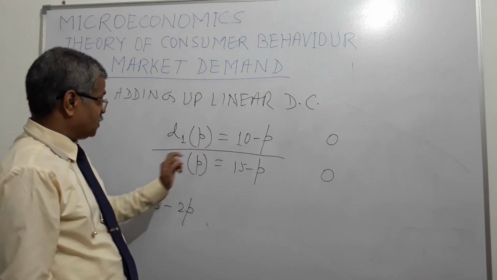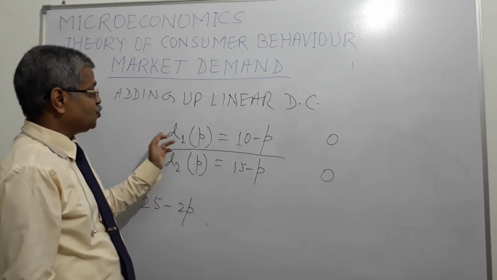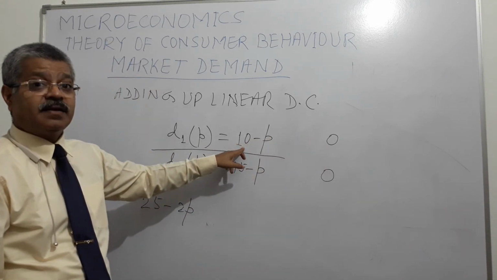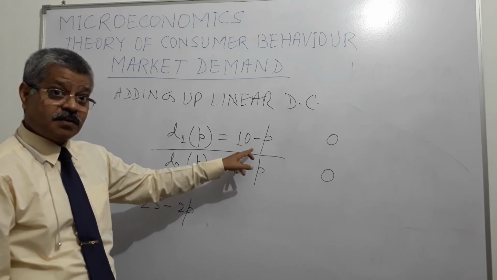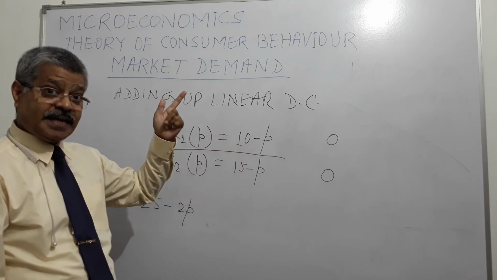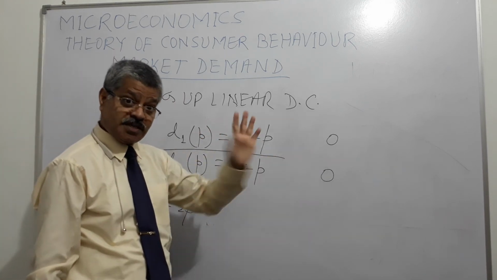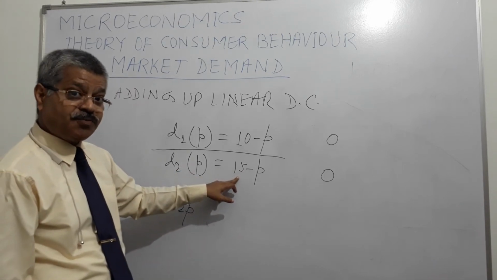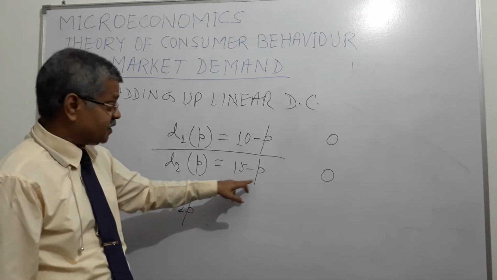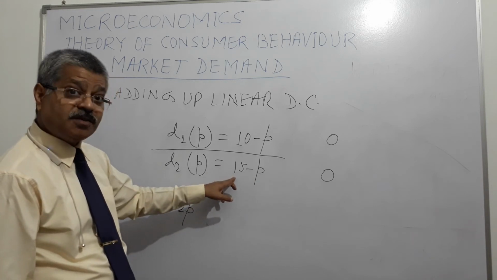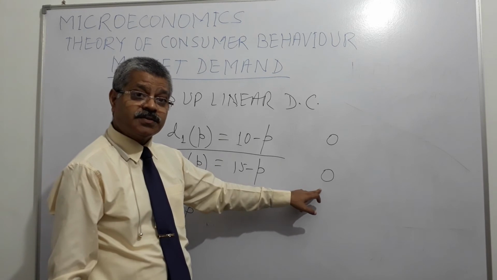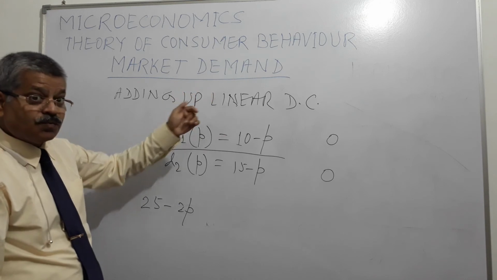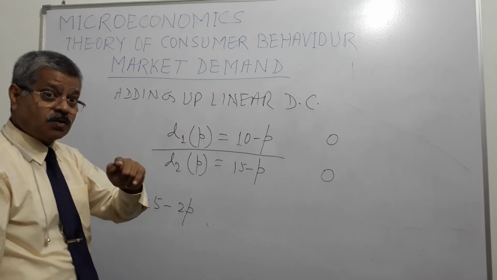Consumer 1, consumer 2. Consumer 1 demands 0 units of the good if the price is more than 10. Here it is 10 minus p, so if the price is more than 10, consumer 1 doesn't want any. For consumer 2, here it is 15 minus p, where p is the price; if it is more than 15, consumer 2 demands 0. More than 10, consumer 1 demands 0.